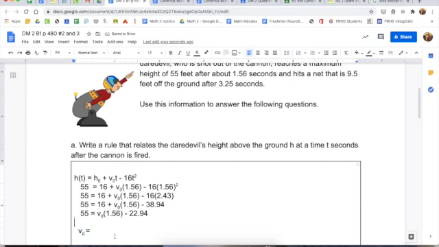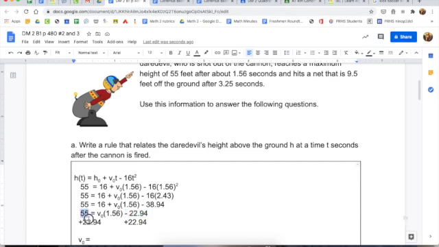Okay, so the next thing I'm going to do to get rid of the subtract 22.94, of course, I'm going to add it to both sides. So on this side, I'm going to do plus 22.94. And over here, I'm going to do plus 22.94. And this positive 22.94 and this negative are going to cancel each other out.